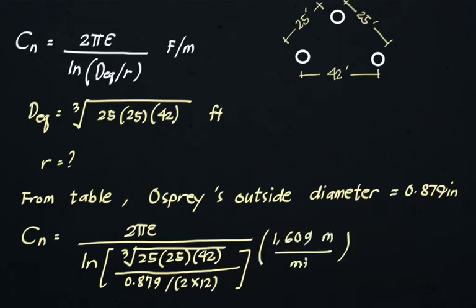And then multiply all those things by 1609 because the default is farad per meter, but we will be asking for miles. So that is the conversion from meter to mile.